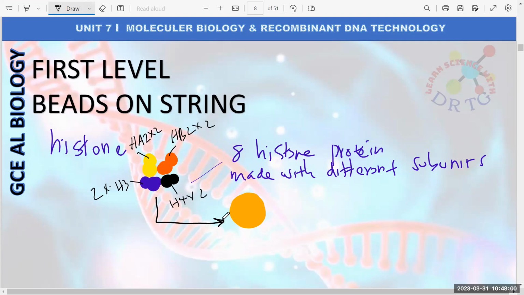Now our DNA molecule is just going to make one turn around it and come back from behind, and then again go like this. So it is close to two turns, but not completely two turns. It is close to 1.7 turns. You can see two turns, but the actual measurement is 1.7 turns.